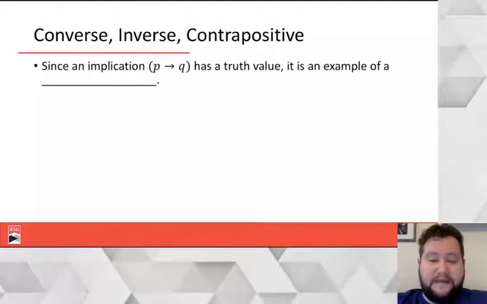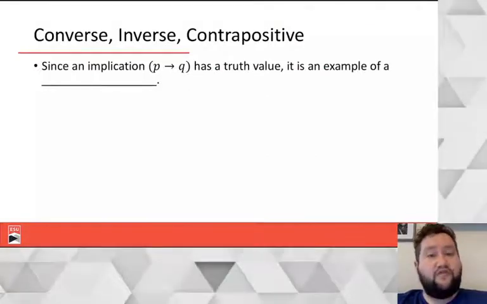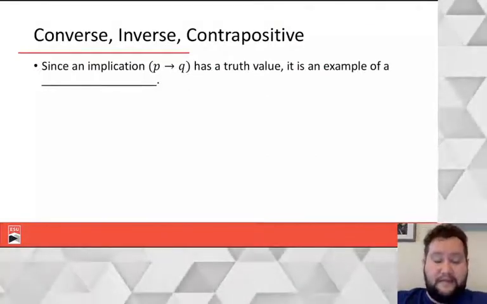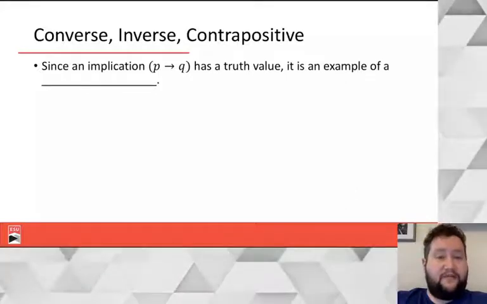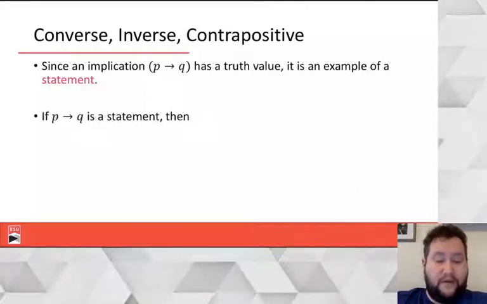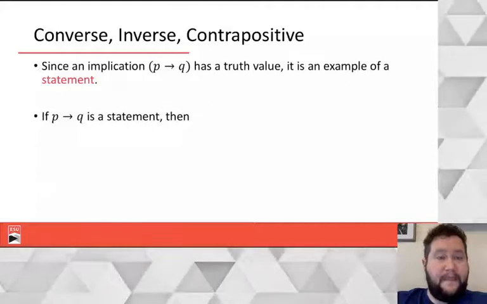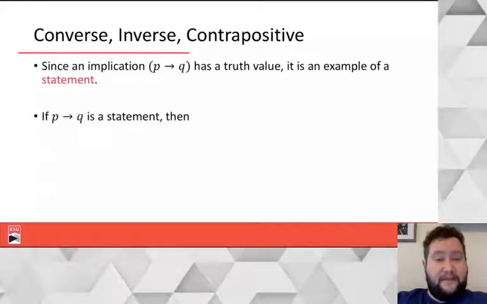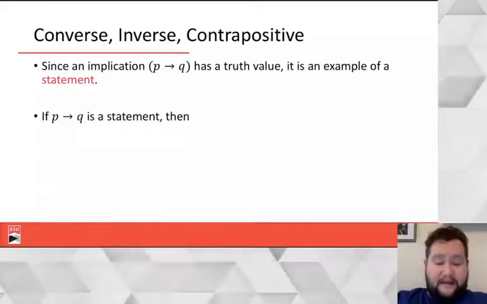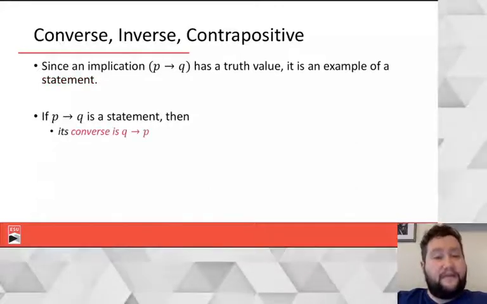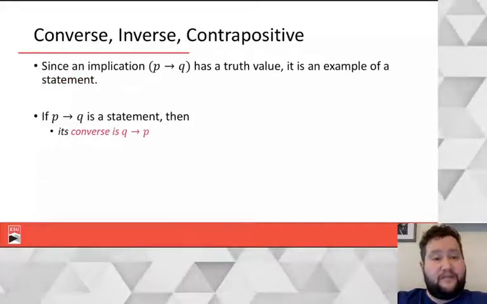So, since an implication has a truth value, it's an example of what do we call something that has a truth value? We call it a statement. And if P implies Q is a statement, then we have some special names for other relationships.